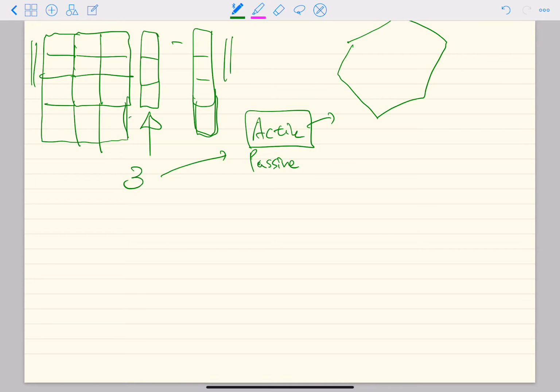In the case of NMF, or this non-negativity constraint least squares problem, our feasible set is like the first quadrant, right, where each of our variables are all positive. So that's our feasible set.